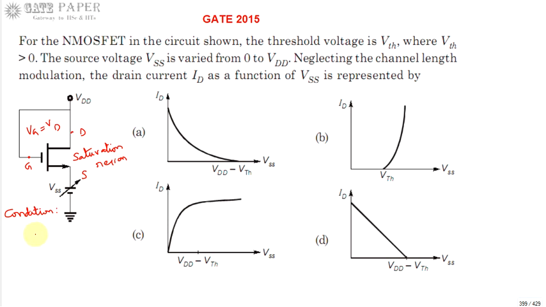The condition for saturation is that the drain voltage should be greater than or equal to the gate voltage minus VT. VT is nothing but the threshold voltage. Since VT is greater than 0, VD and VG are at the same point.